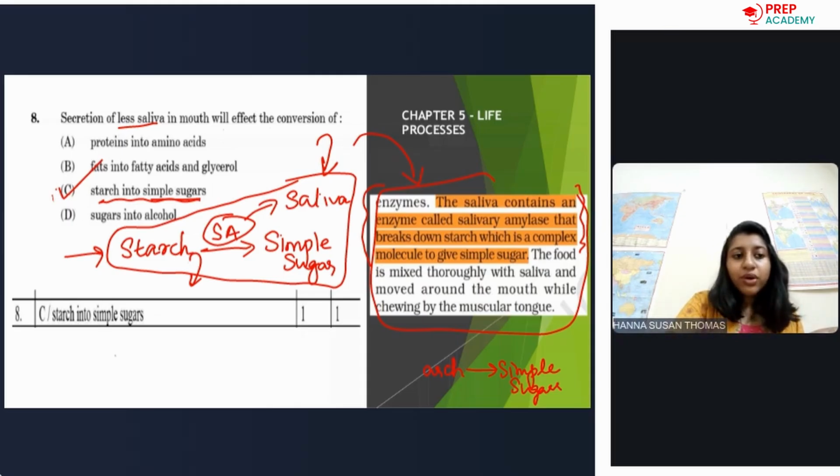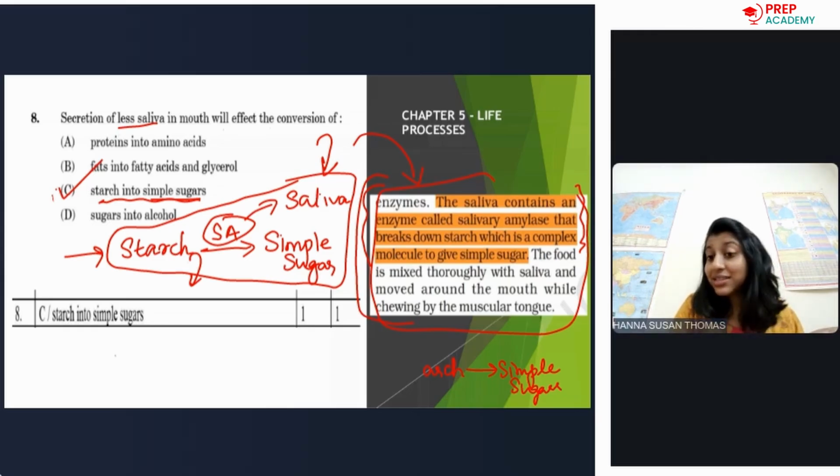So when you look into this particular screenshot that I have put here, you can see a highlighted statement. The saliva contains an enzyme called salivary amylase that breaks down starch, which is a complex molecule, to give simple sugar. Right.